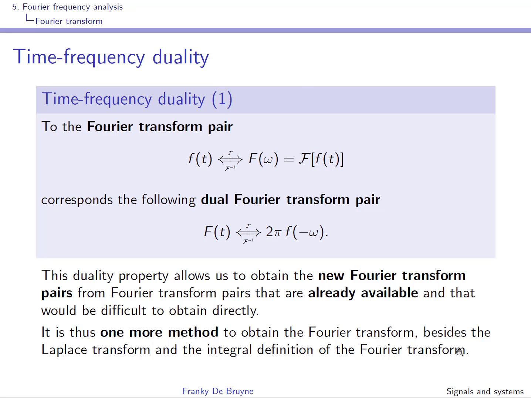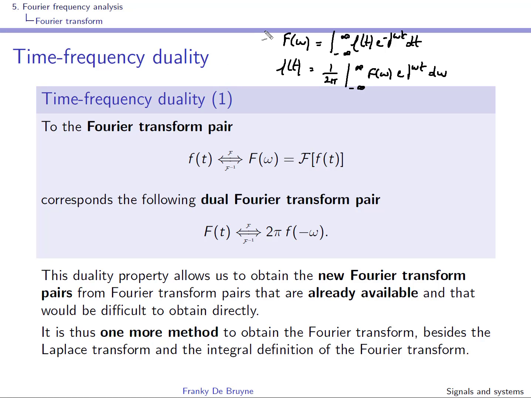Remember the formula of the Fourier transform. So the Fourier transform F of omega is the integral from minus infinity to infinity of f of t times the exponential of minus j omega t dt, and the inverse transform that produces f of t is 1 over 2 pi times the integral from minus infinity to infinity of F of omega e to the j omega t d omega.